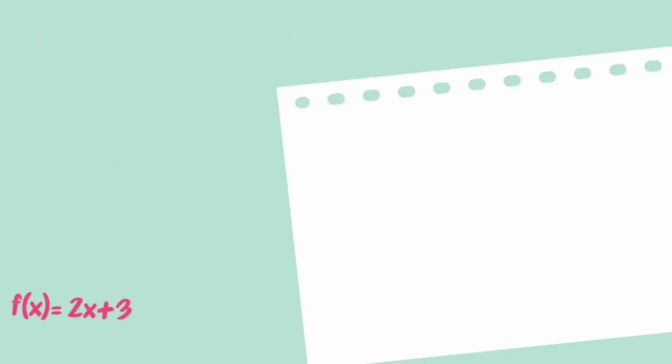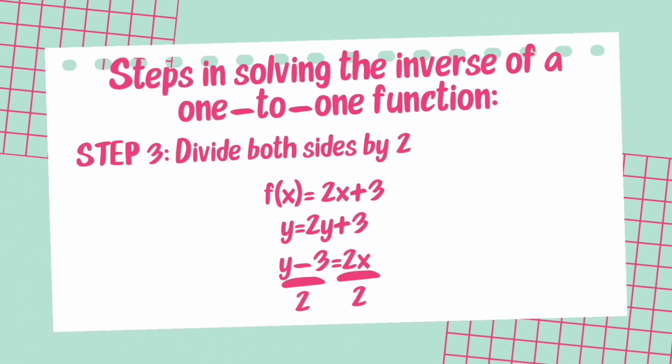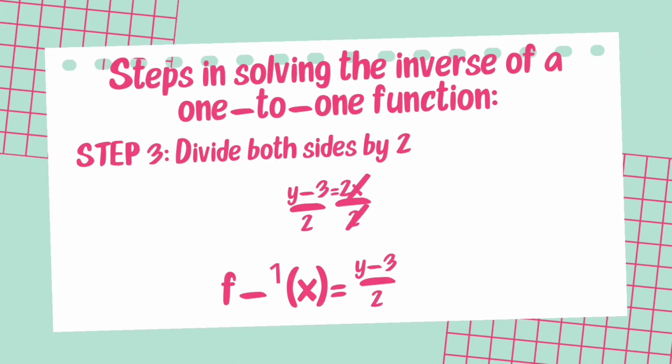Now that we're left with y minus 3 is equal to 2x, we need to divide both sides by 2. And we're left with x is equal to (y minus 3) over 2. And there, the f inverse of x is equal to (y minus 3) over 2.